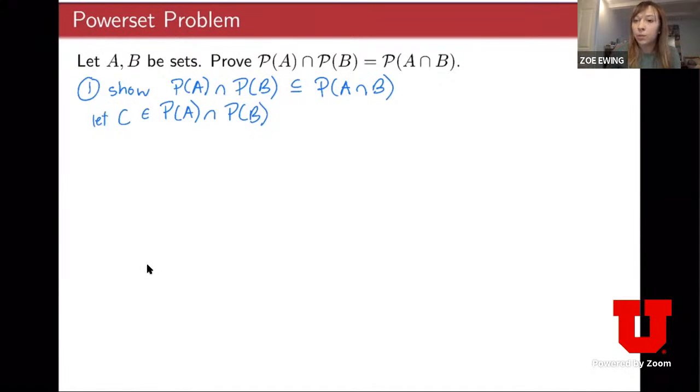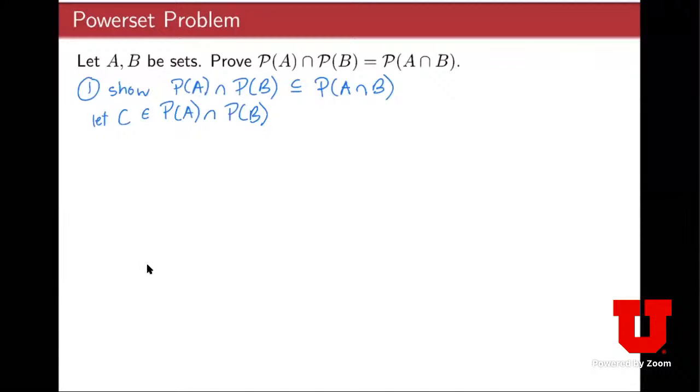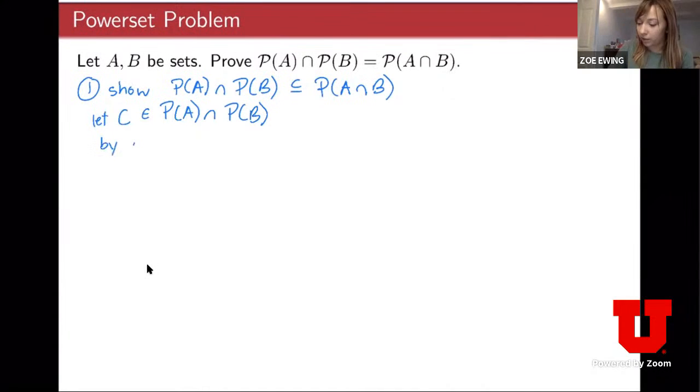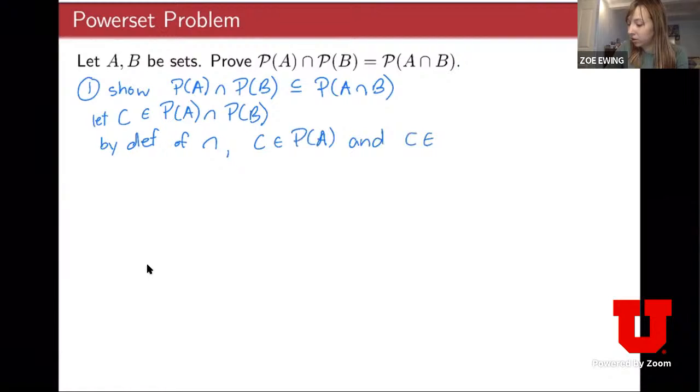So what does that mean about C? C is in the power set of A and in the power set of B. Right. So by definition of intersection, C is in the power set of A and C is in the power set of B.